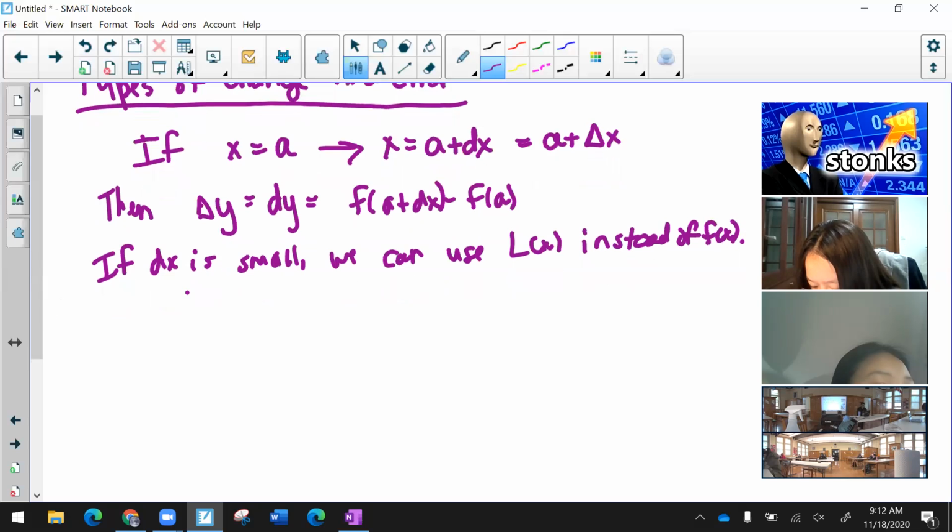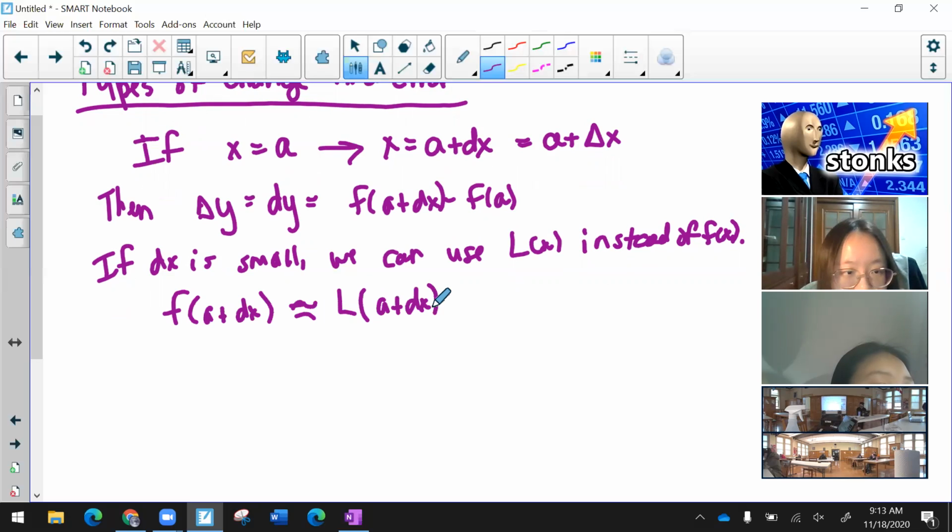So that means that my f of a plus dx is going to be approximated by L of a plus dx.